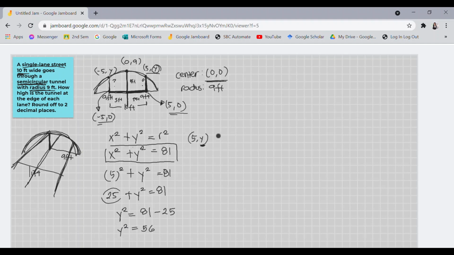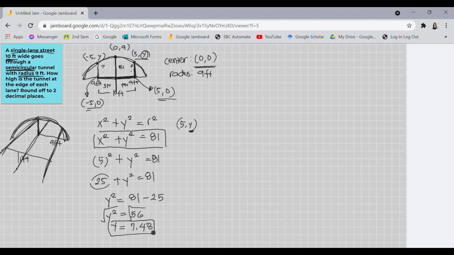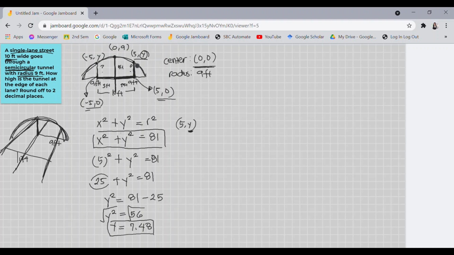To get the value of y, since y yung hinahanap natin, we take the square root. Y now is equal to 7 point something, or exactly 2 decimal places, we have 7.48. Okay? That is the value of y. 7.48. So, if y is equal to 7.48, that means that is also the height here.